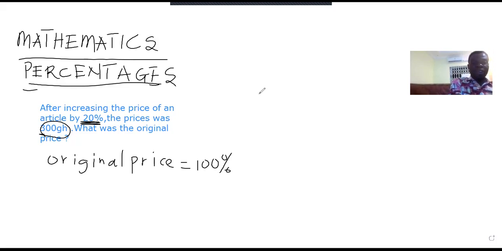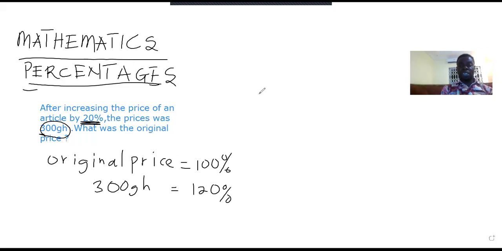Okay, and then the 300 Ghana cedis is representing the new price of the article. So the new price, that is 300 GH, is under percentage increase. Since it is under percentage increase, we add the percentage increase to 100%, so we add the 20% to 100%, and that gives us 120%.